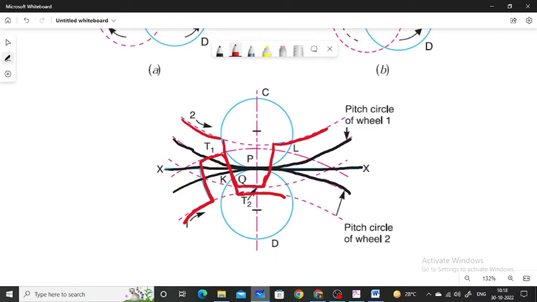Similarly, a point on the circle C will trace the face of the tooth T1 and flank of tooth T2. The rolling circles C and D may have unequal diameters, but if several wheels are to be interchangeable, they must have rolling circles of equal diameters. Okay.